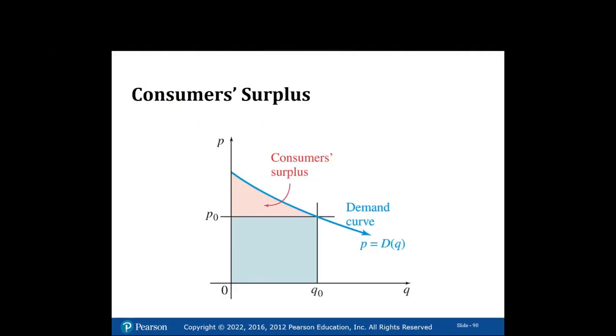Another application of area between curves is looking at consumer surplus and producer surplus. So the premise behind it is, let's say that you are willing to pay a certain price for an item. Let's say, I don't know, $10.